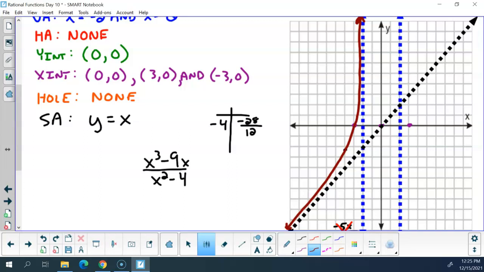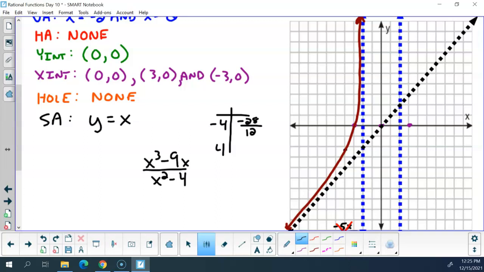Yes? Yep. Left side. Let's go with positive 4 on the other side of the graph.